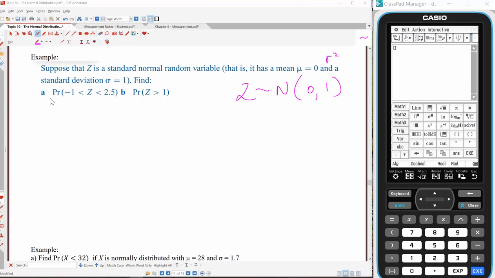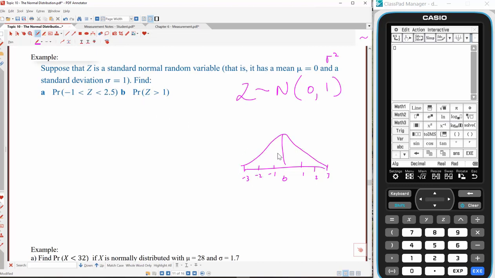For this first one, we want the probability that the random variable is between -1 and 2.5. On a normal distribution curve, we've got a mean of 0, 1, 2, 3, -1, -2, -3.